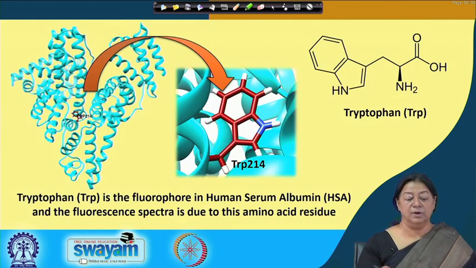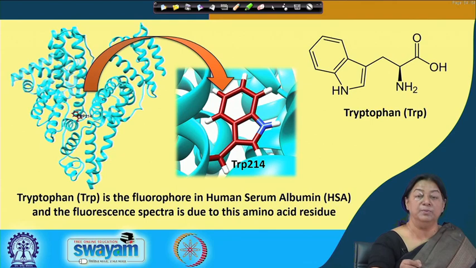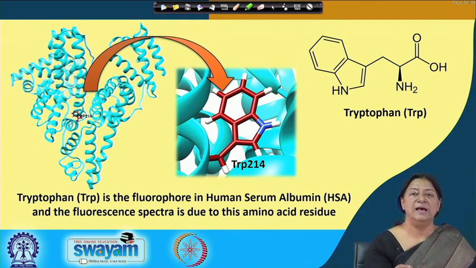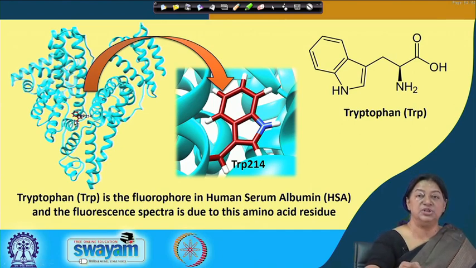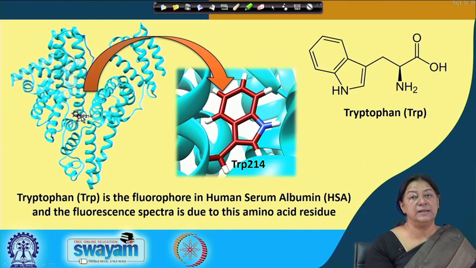If we look at another molecule, this is human serum albumin. Human serum albumin has many tyrosines, but it has a single tryptophan, at position 214. It is a heart-shaped molecule, and the location of the tryptophan is the fluorophore in human serum albumin.